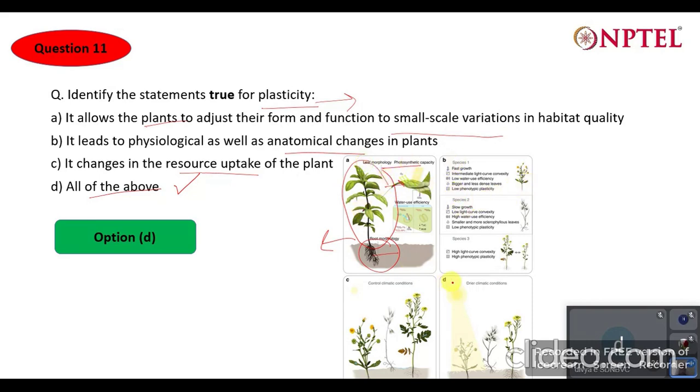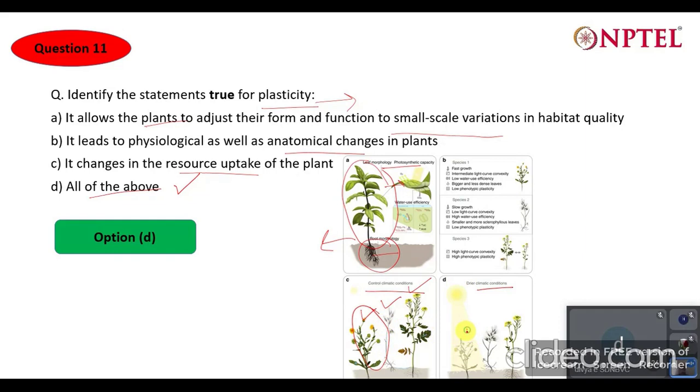And this can be seen with the figure that in controlled climatic conditions all the three plants are growing very well, and the plant which has very low water absorption or water uptake capacity generally wilts in drier climate conditions.